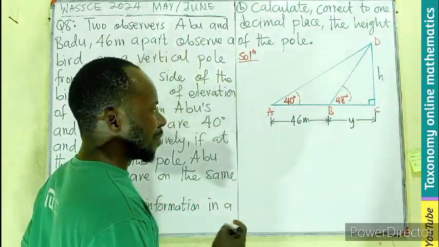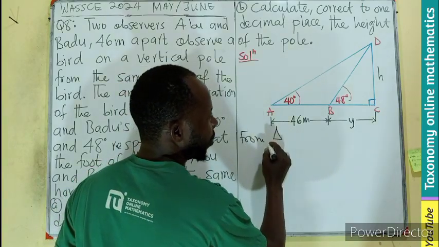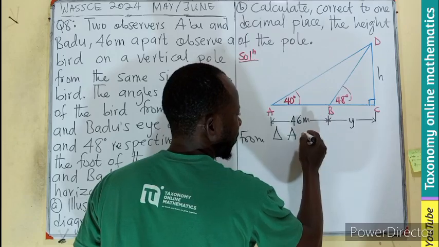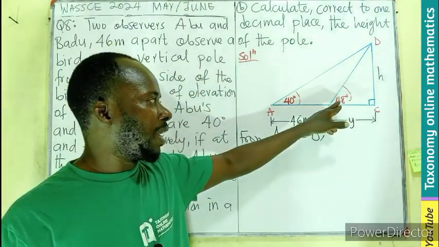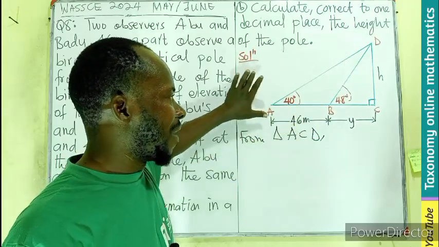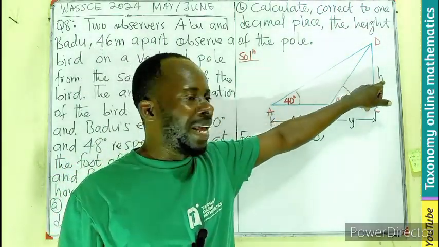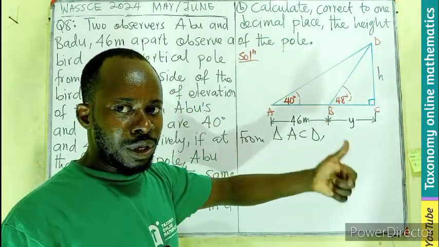Now, let's pick it one by one. From the first triangle, which is the bigger one, triangle A, C, D, I am ignoring the 48. So this is a right-angled triangle, where the 40 is facing the edge. Then below it becomes the adjacent. So which trig ratio will be used?